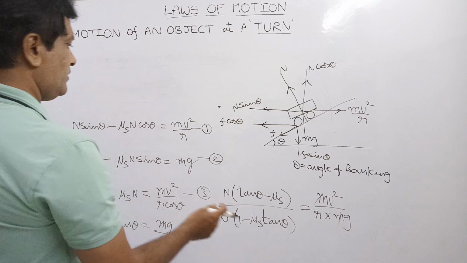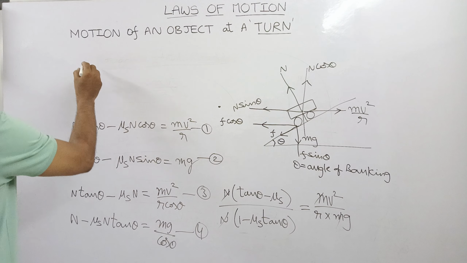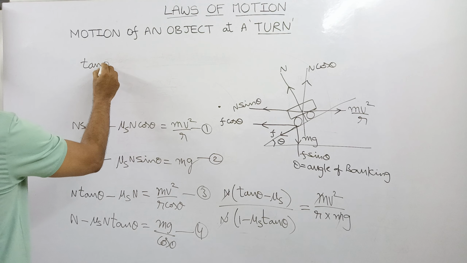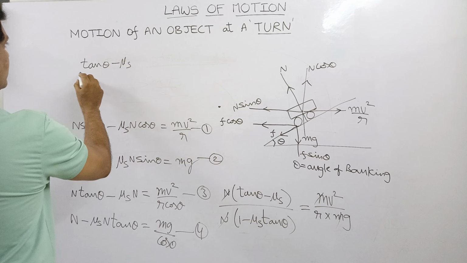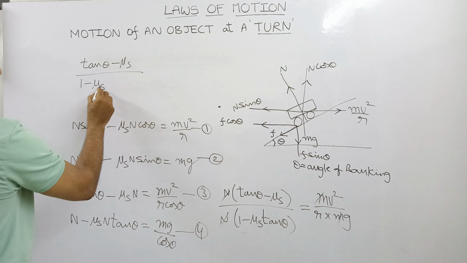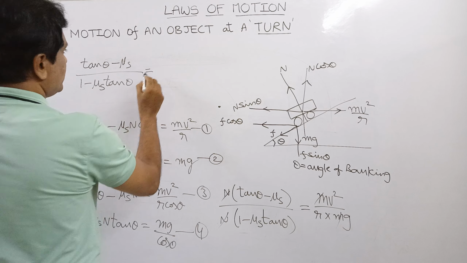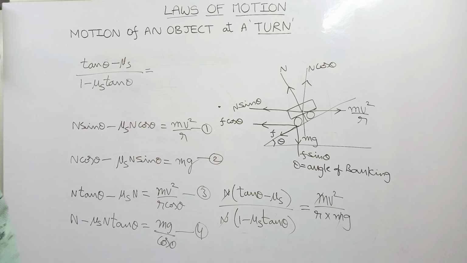So n gets cancelled, m gets cancelled. So tan theta minus mu s, by 1 minus mu s tan theta, is equal to v square by rg.